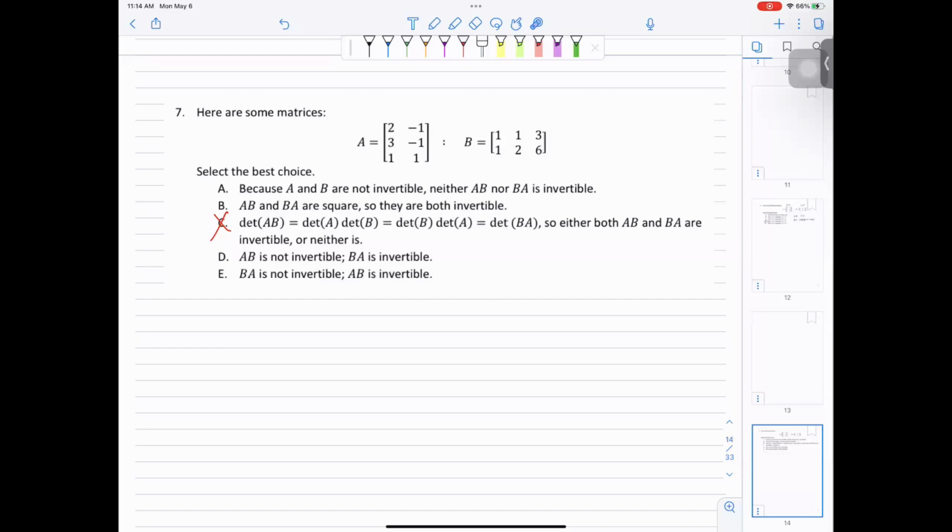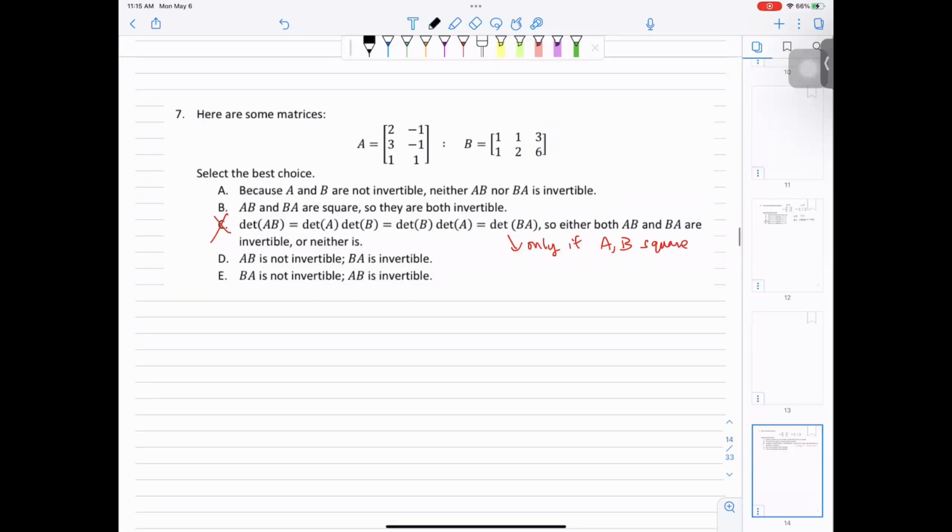Some people say the determinant of AB must equal the determinant of A times the determinant of B, and see that A is not square, so they think this determinant doesn't exist. That's not true. You could still multiply A and B together first, and the determinant might exist. So you can only use this rule if A and B are both square and invertible.